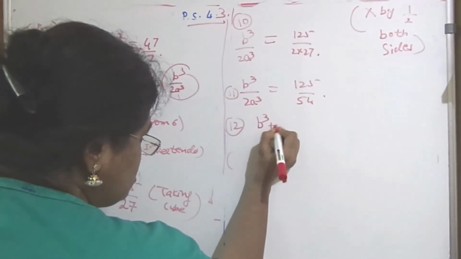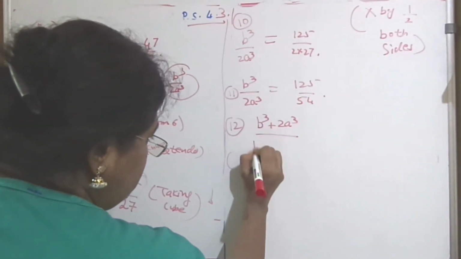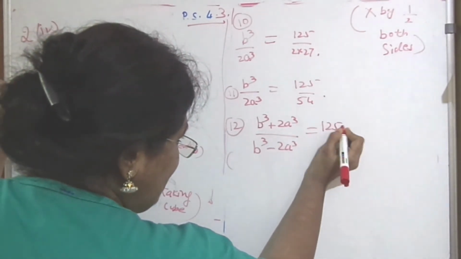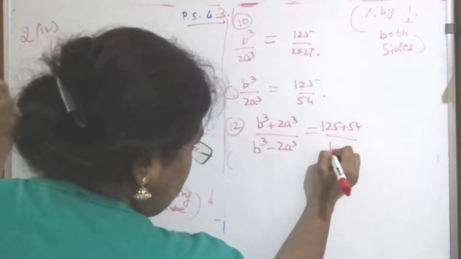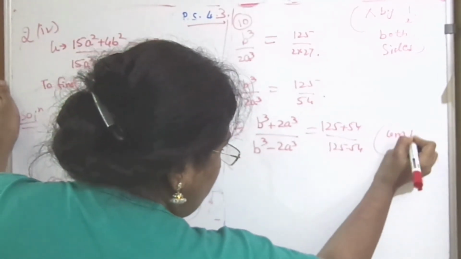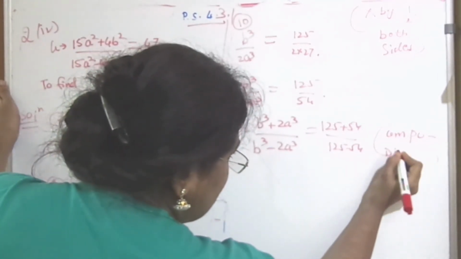b cube plus 2a cube upon b cube minus 2a cube is equal to 125 plus 54 upon 125 minus 54. Componendo dividendo, I am writing in short.